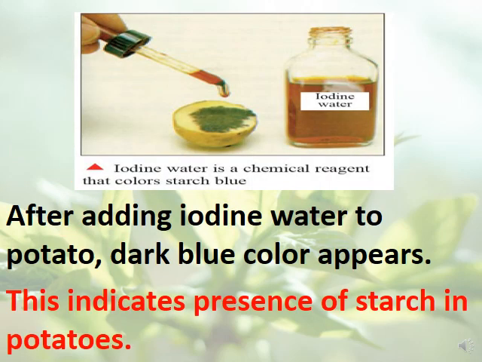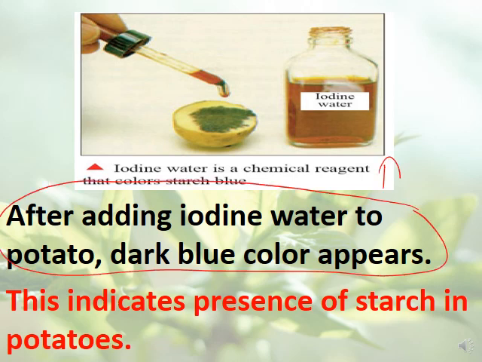Interpret. So after adding iodine water to the potato, the dark blue color appears. We have dark blue color. This is the analysis of this experiment. If I ask you to analyze, this is the analysis and you can stop here.